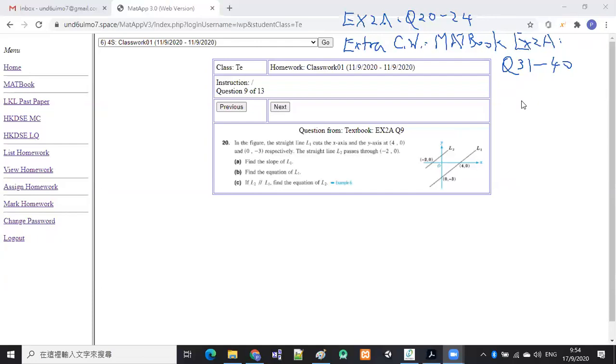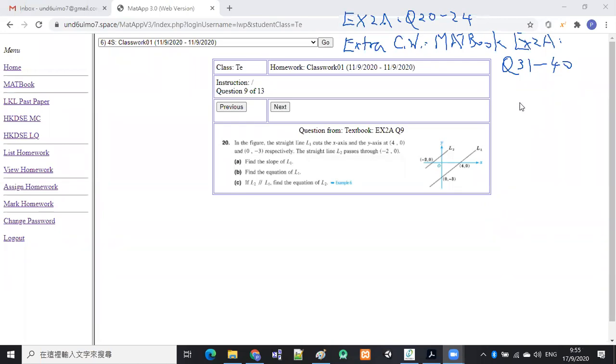Then you can use the point slope form to write down the equation of the straight line, and then you change the equation into the general form. That is, put all the terms on the side where x is positive, and the other side will be 0, and cancel out all the fractions and decimal numbers.